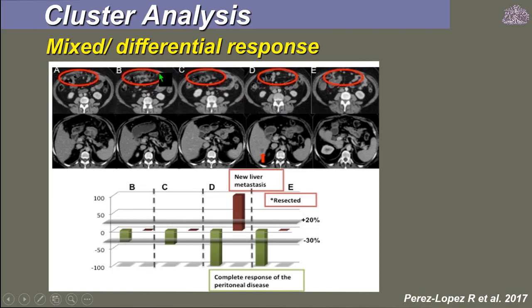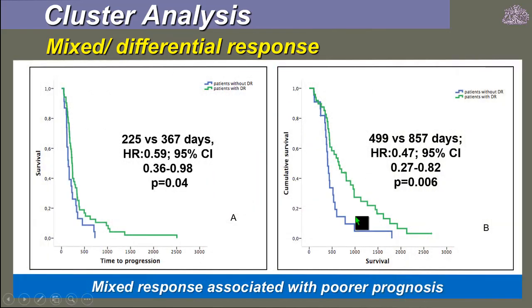In this patient, you can see the peritoneal disease is getting better over time and decreasing in volume, and in fact, there was complete response to the peritoneal disease, but at this point, she developed a new liver metastasis, which was resected. And what we were able to do in this retrospective analysis was that when we look at patients with differential response or without differential response, the patients with differential response had a poorer survival compared with those that did not show a differential response.